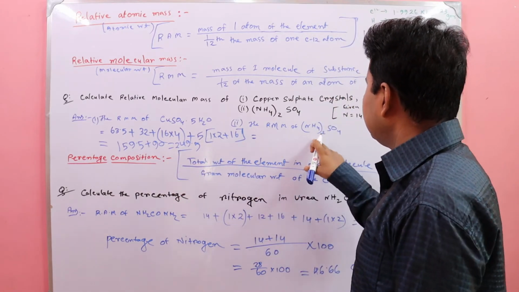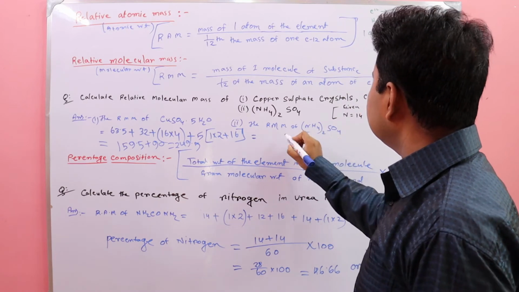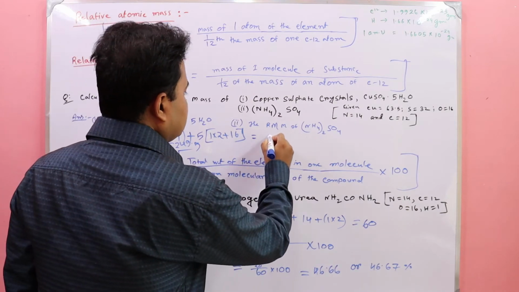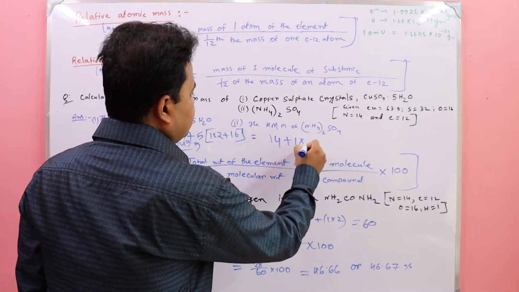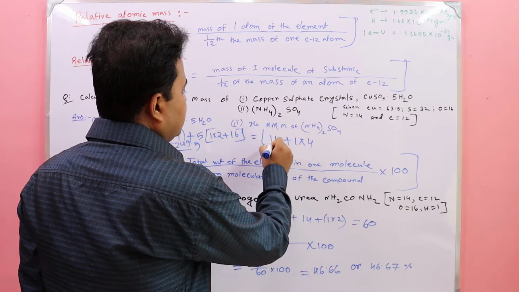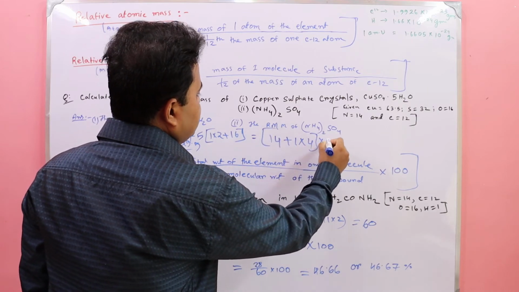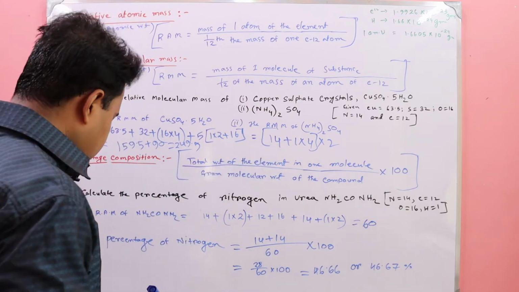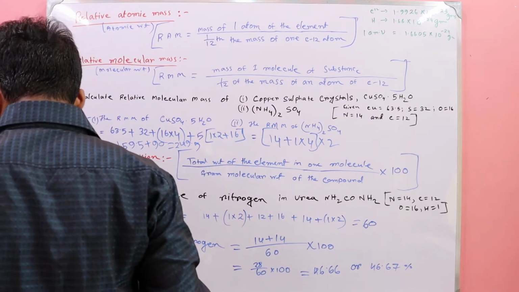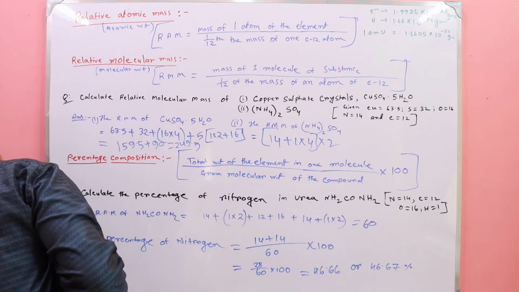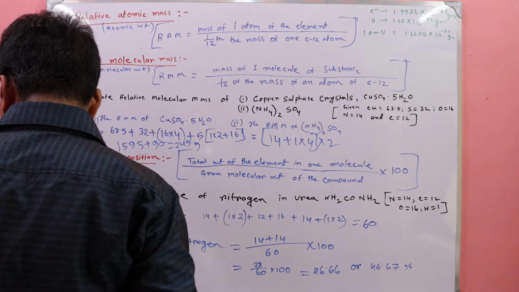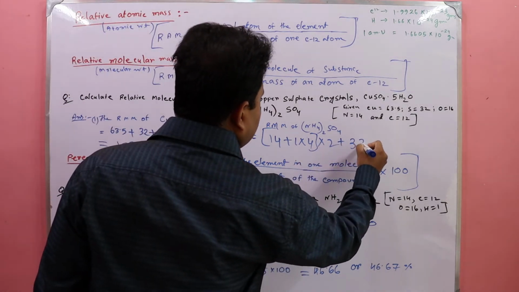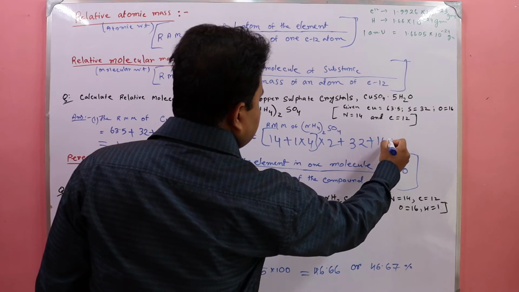Now in this case, that is (NH4)2SO4, N means 14, and 4 hydrogens are there, and the total bracket is multiplied by 2, that is 14 plus 4, that means 18 into 2, plus 32, and 16 into 4.